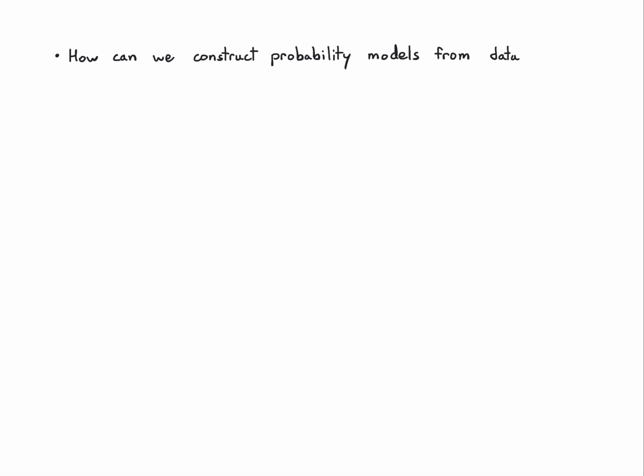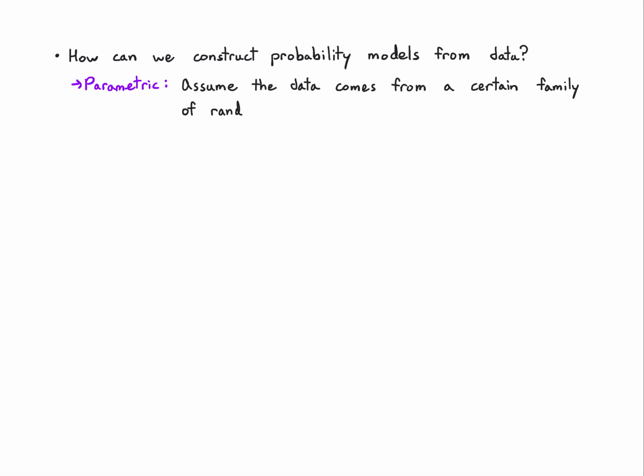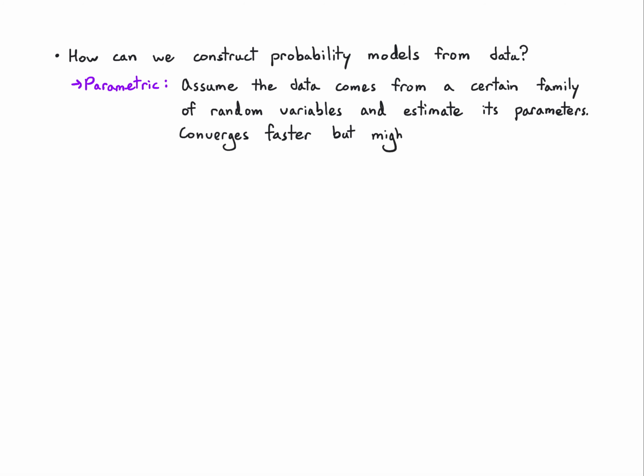Okay, so one thing that we've actually thought about before is the parametric approach. So the way that I would do this is assume that the data comes from a particular family of random variables, okay? And then I just need to estimate the parameters from that family. So this is nice because it actually converges pretty quickly. I just need to learn the parameters, but maybe I don't have the best fit because it's the wrong family of random variables.